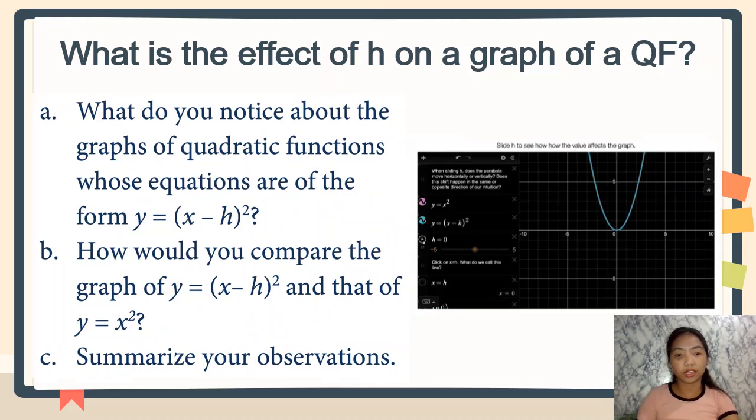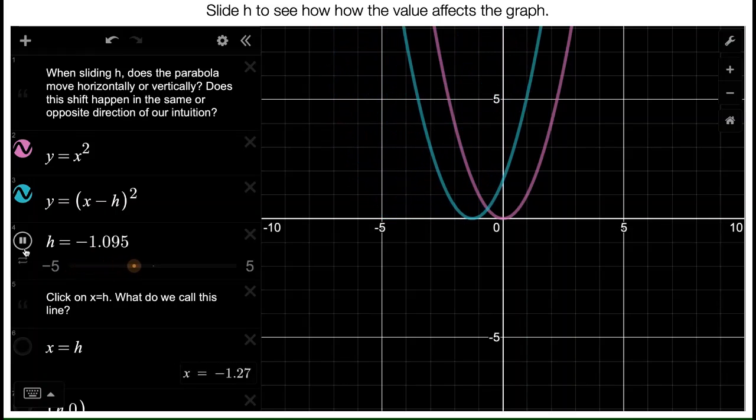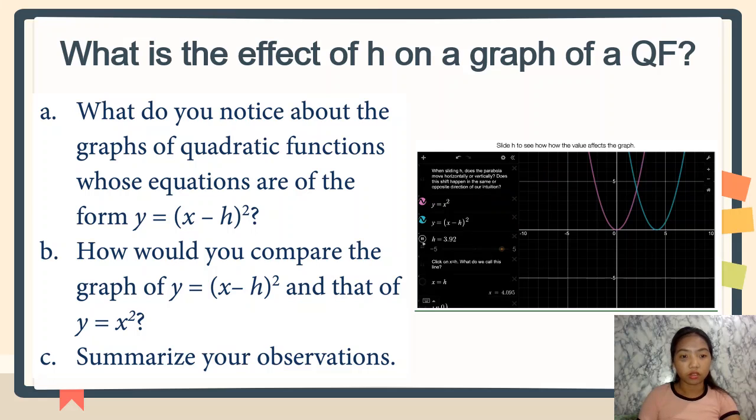I want you to observe the effect on the graph if we change the value of h. h is the x coordinate of the vertex. As h moves toward negative values, the graph moves to the left.